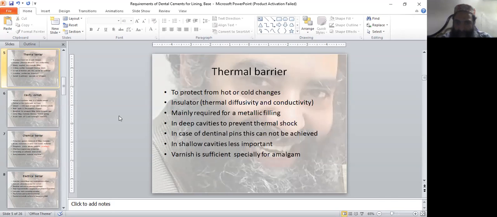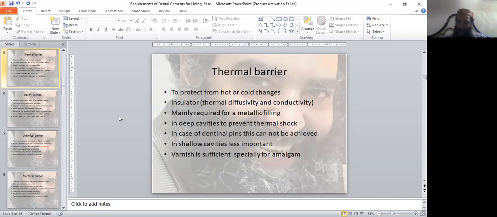So the thermal barrier in case of these dentinal pins, which we are going to thread into the dentine, cannot be achieved because we cannot put any substance in between dentine and these pins. If we can make a hole which is large enough, then this can be possible, but it is much more difficult.